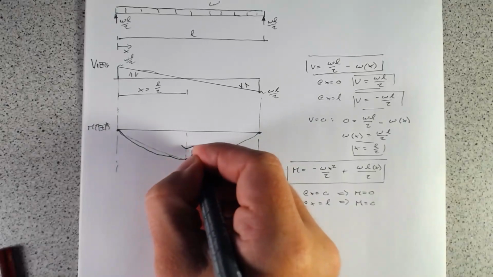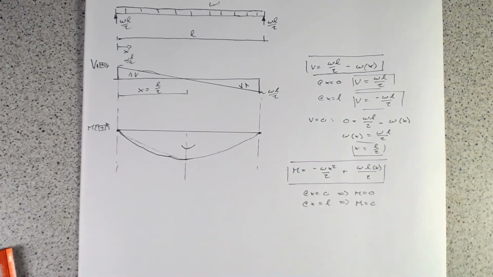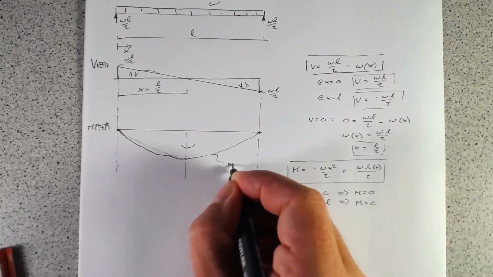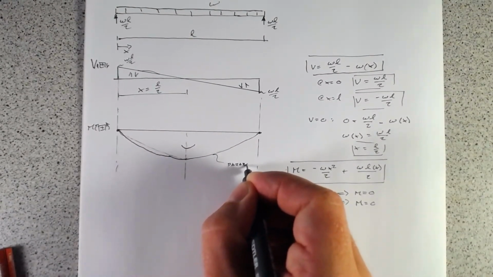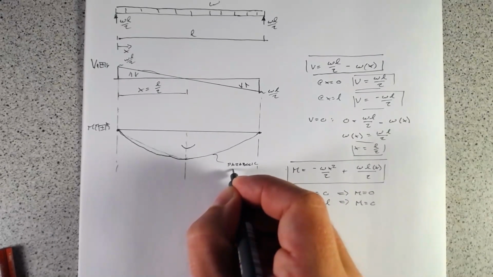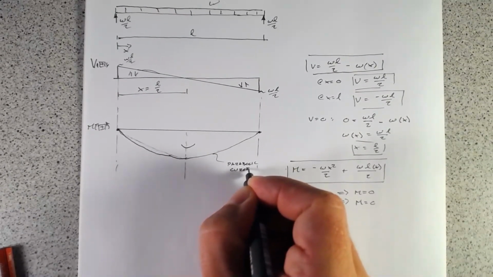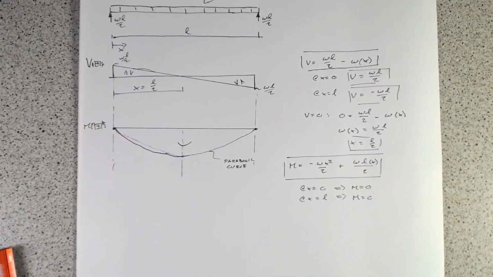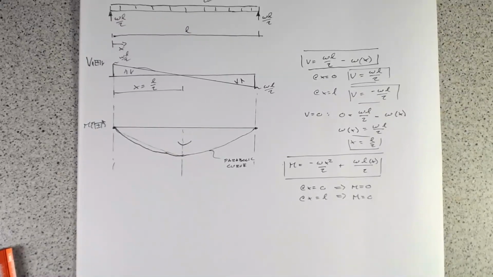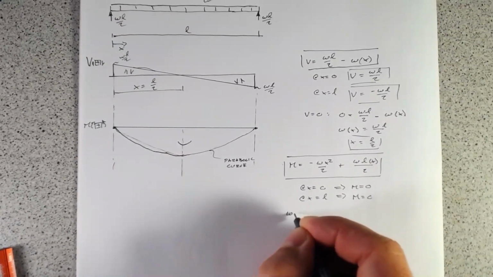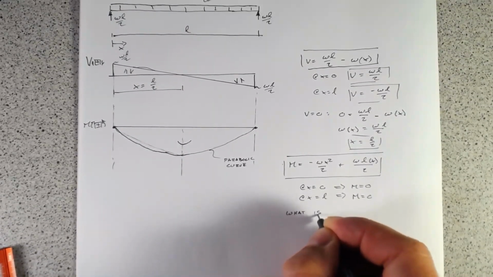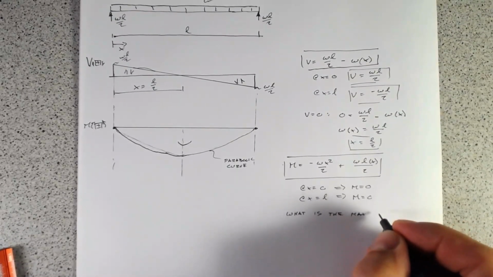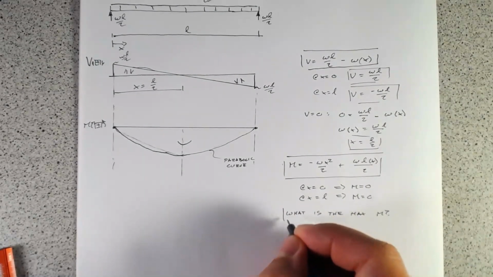We'll draw something like that, where this is a parabolic curve. How do I know it's a parabolic curve? Because this is a parabolic equation where it's an X squared. But what we want to know is, what is the max moment?